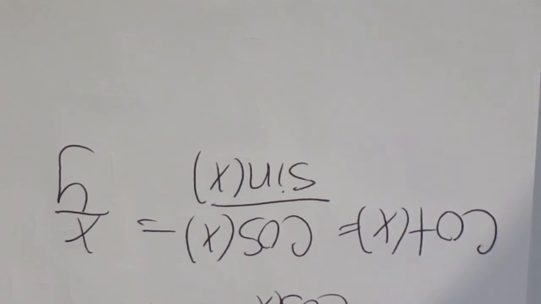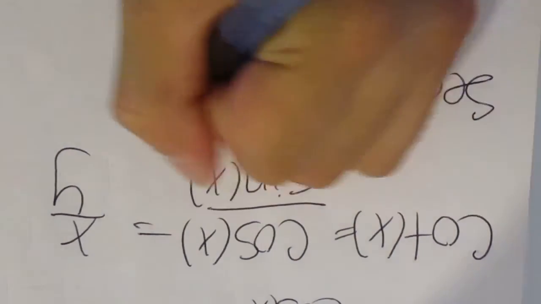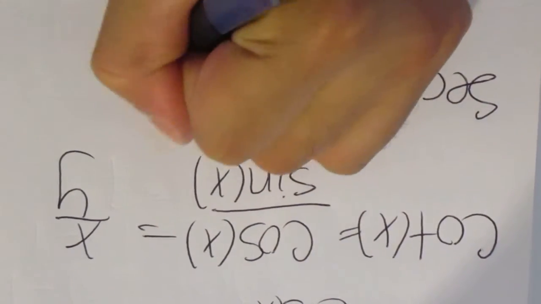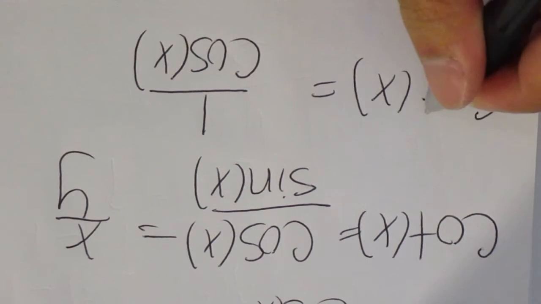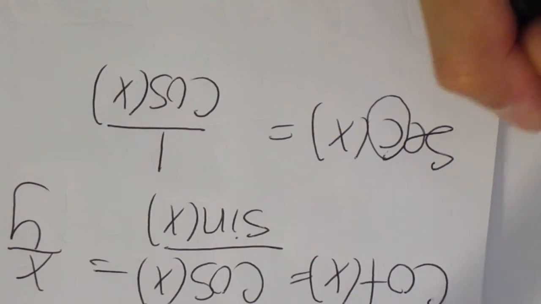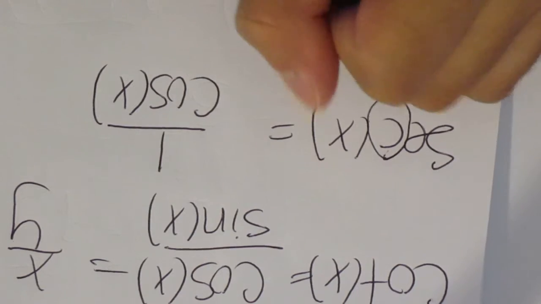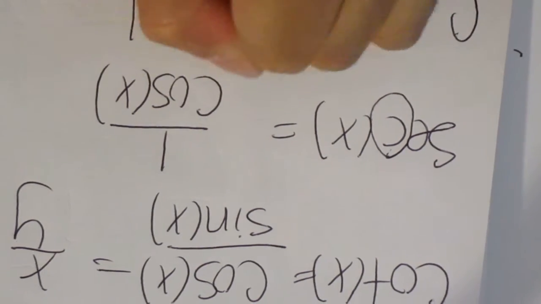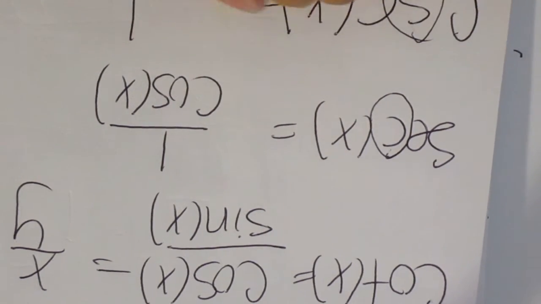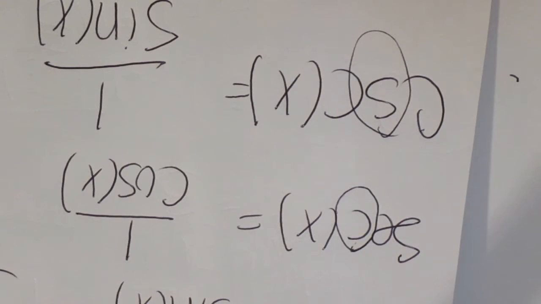And then we have secant of x, which is 1 over cosine of x, or you could just remember 1 over the c. Cosecant equals 1 over sine of x, remember the s.